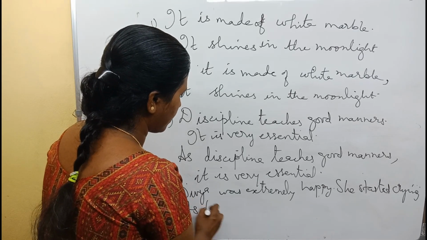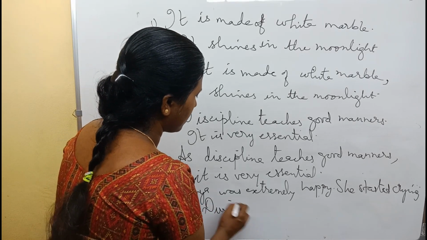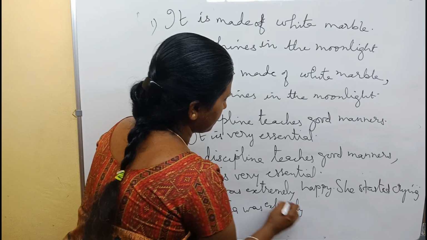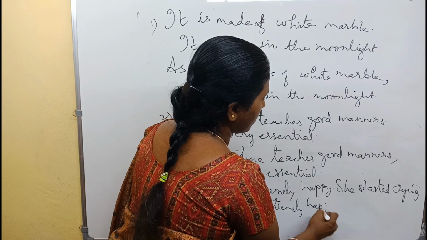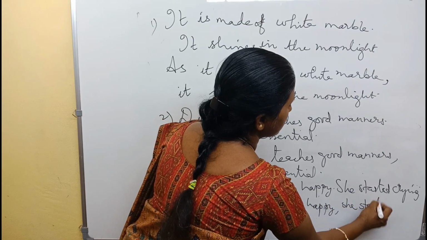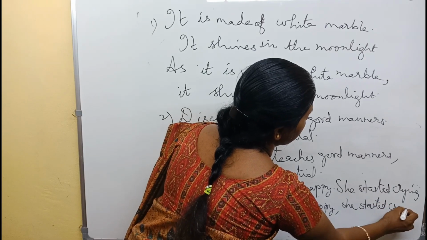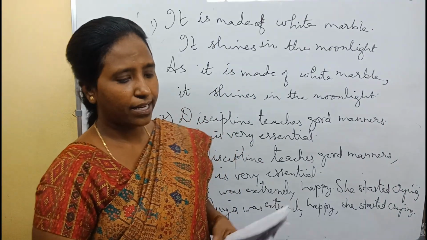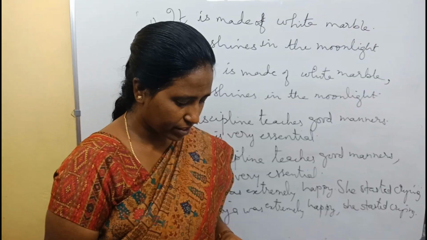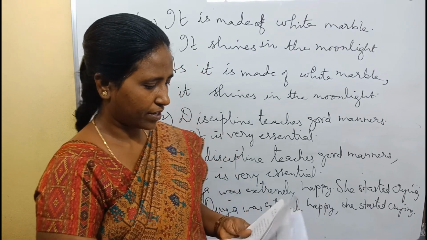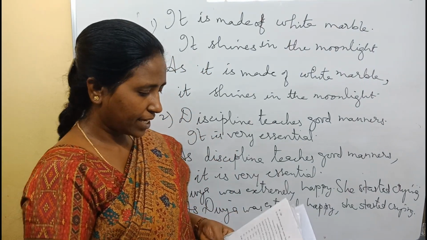So will you write? As Divya was extremely happy, comma, okay, she, small letter, she started crying. So this was as simple as that. Sometimes the reason is that side, this one is that side. So you have to find out which is the reason and then you have to write. Okay, right. So we move on to the next concept.